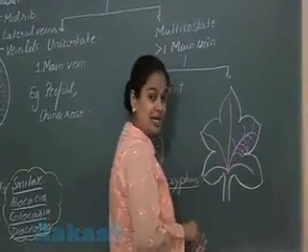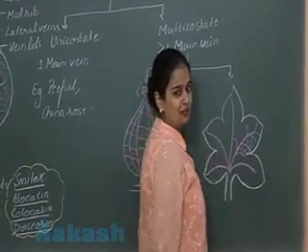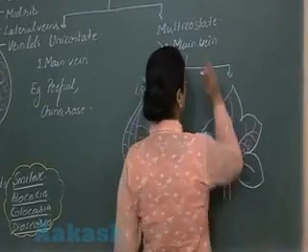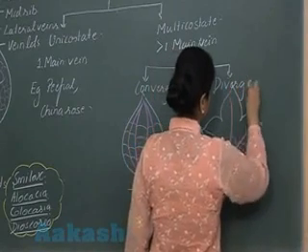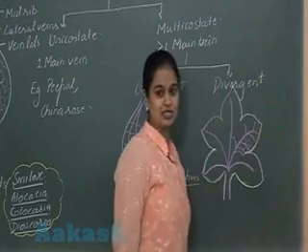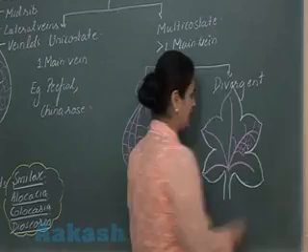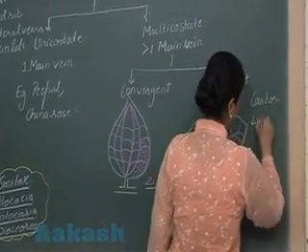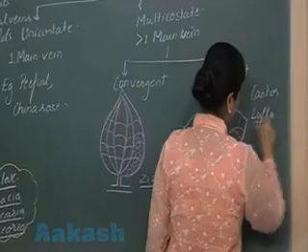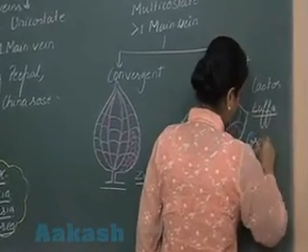Yes, now they are diverging. So this type of condition is known as multicostate divergent type. This is present in castor, loofah and grapevine.